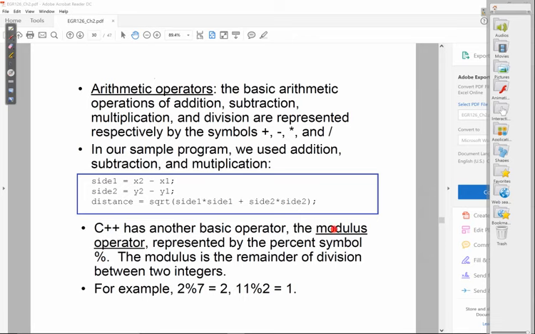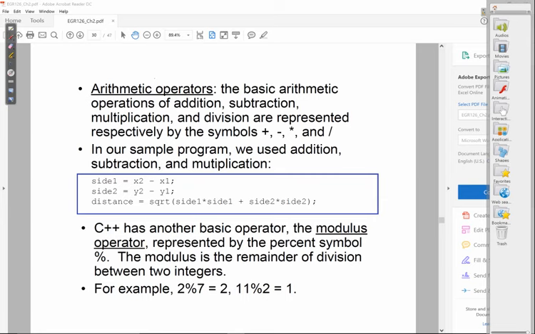So the modulus symbol will only work between two integers. So this is one situation where you must declare something as an integer in order for this to work. So here's how the modulus works. It takes the division between two numbers and returns the remainder.